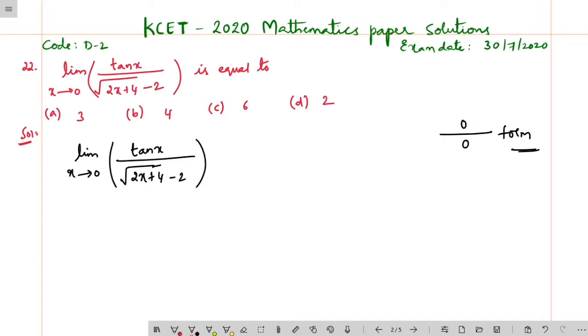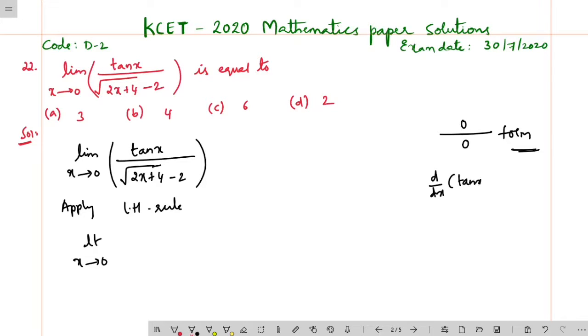If it is in the 0 by 0 form, we can go with L'Hospital's rule. So apply L'Hospital's rule, differentiating both the numerator and denominator until we don't get the 0 by 0 form.